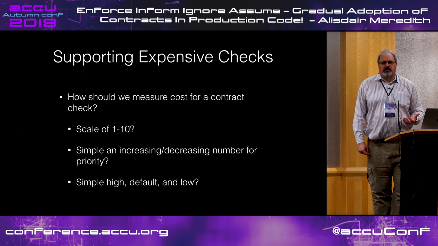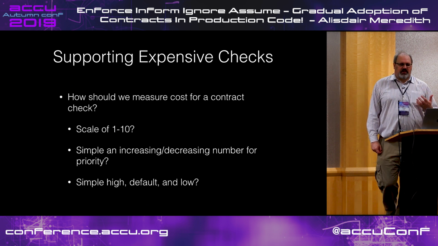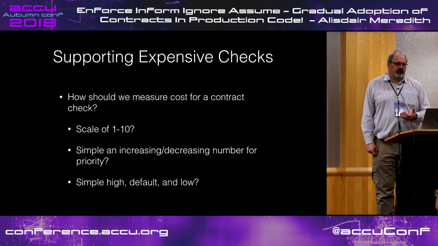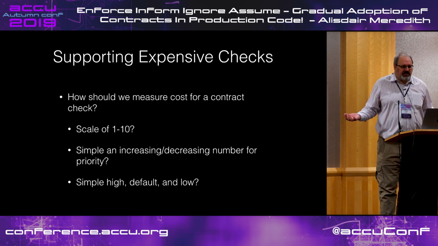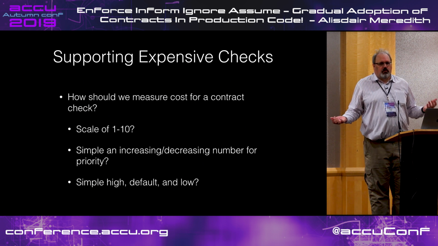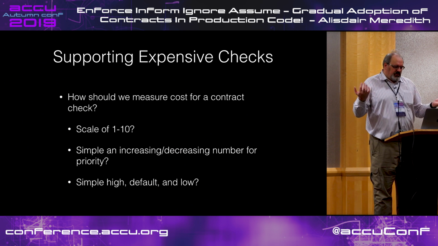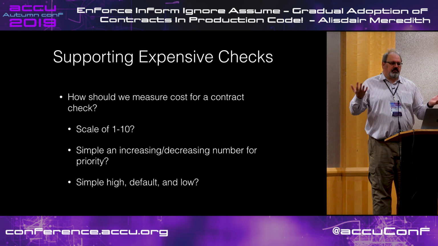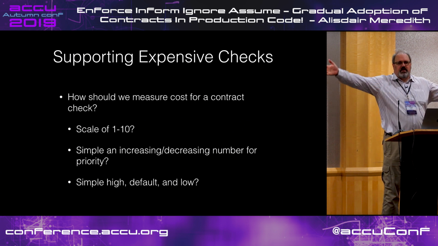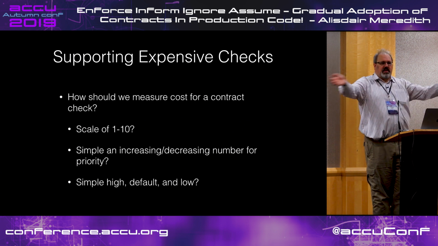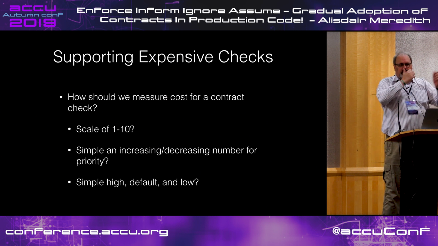Which leaves us with the other question I had, which was, how do I handle expensive checks? And first of all, how do I measure an expensive check? What does expensive mean? In different notions I've seen of expressing complexity here, we might have a scale of 1 to 10. 10 is expensive, 1 is cheap, and I can set my threshold somewhere in the middle.